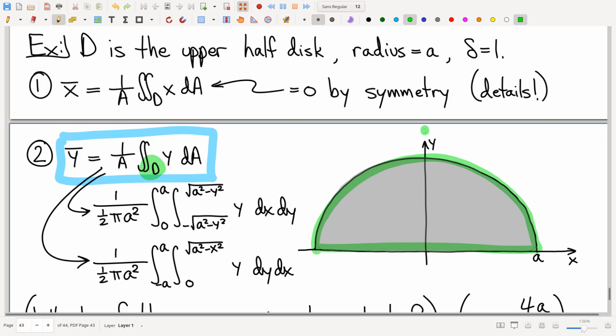has a symmetry. It's symmetric over the y-axis. That's nice, right? The integrand looks like it's odd too, and the even more dangerous thing, it is odd. You see it has an odd exponent, 1.